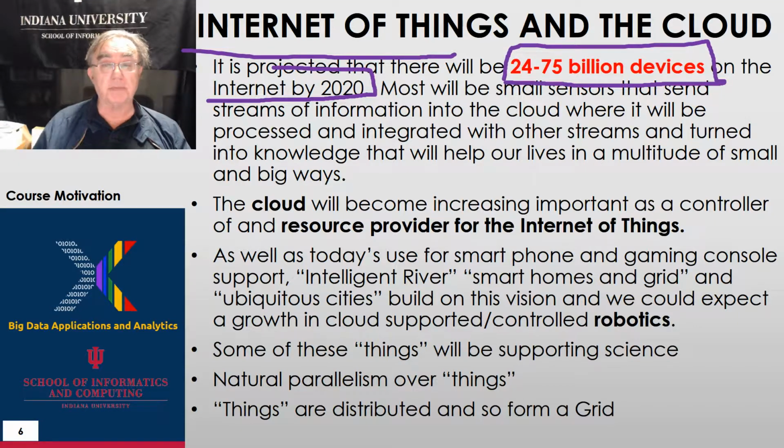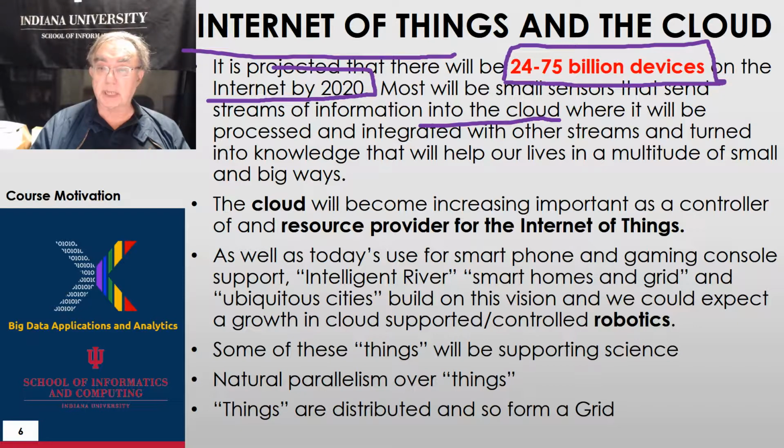Many of them will be in smartphones, because a typical smartphone has, I don't know, 10 to 12 sensors. Those sensors measure acceleration, cameras, GPS location, etc., and they stream information from the sensor into the cloud. Every day you use your smartphone, you're seeing that.